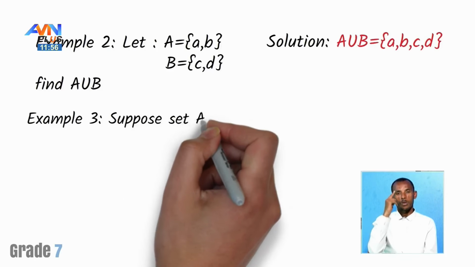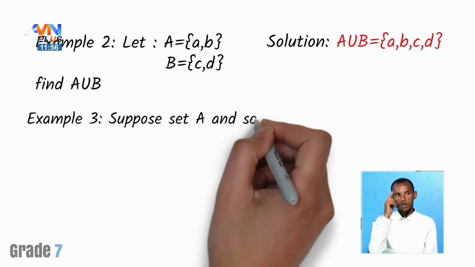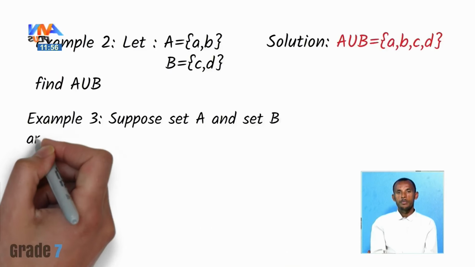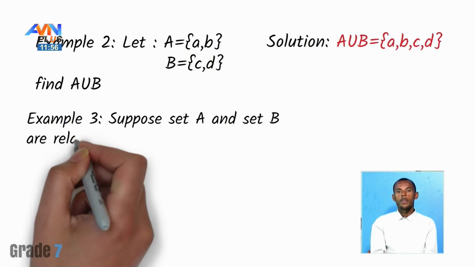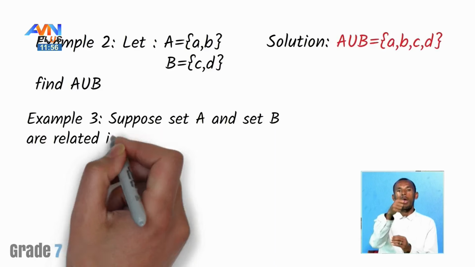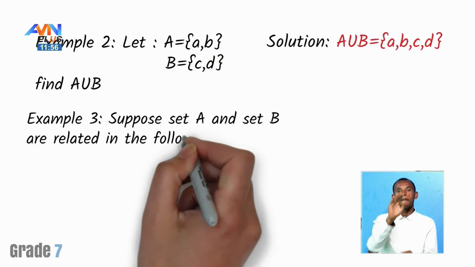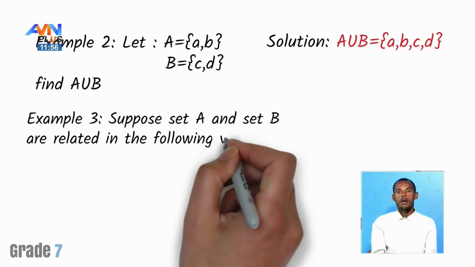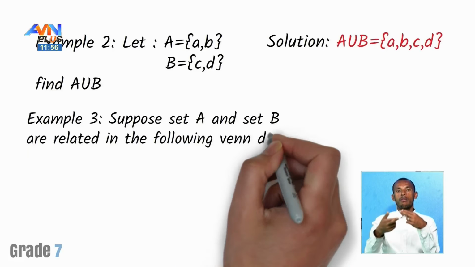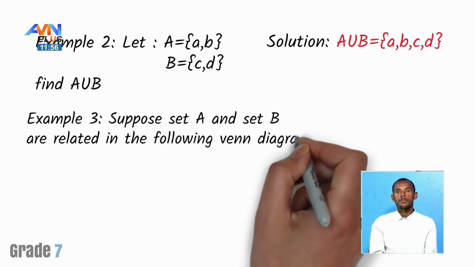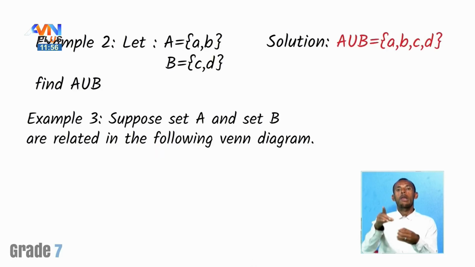Suppose set A and set B are related in the following Venn diagram.